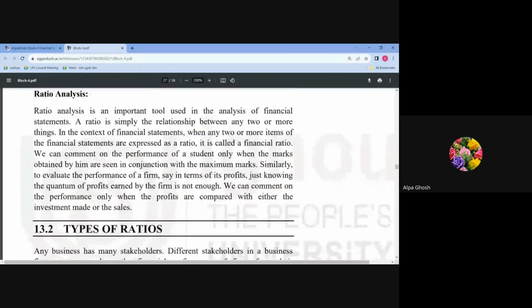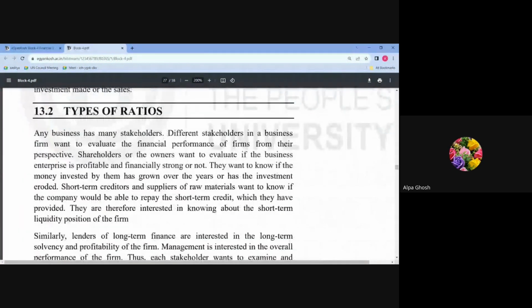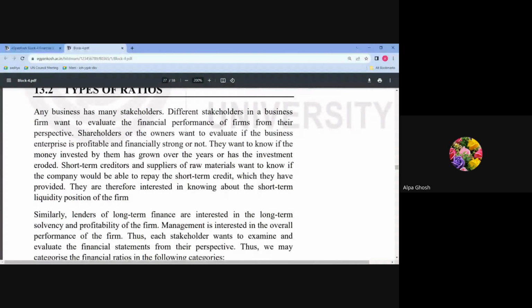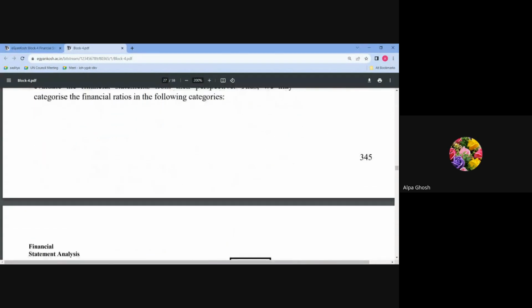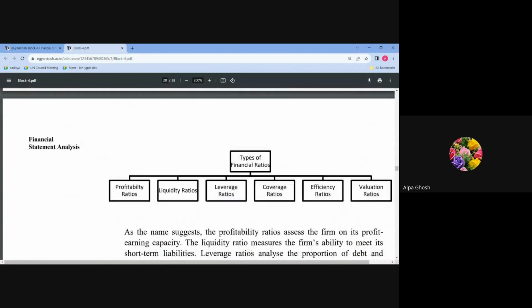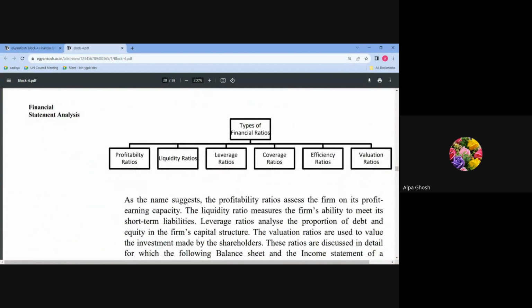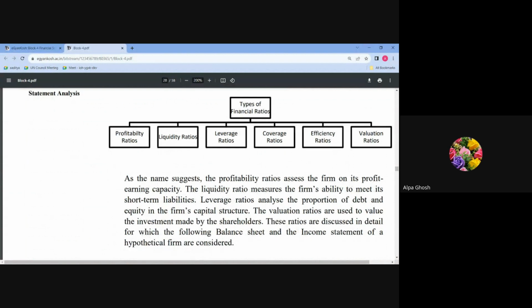Now we are coming up with the types of ratios. There are various types of ratios if you want to find the short-term profit, long-term profit, what is the position of the shareholders, and so on. So these are the 6 types of ratios that mostly we need to study. Profitability ratios, in this the common variable is your profits.